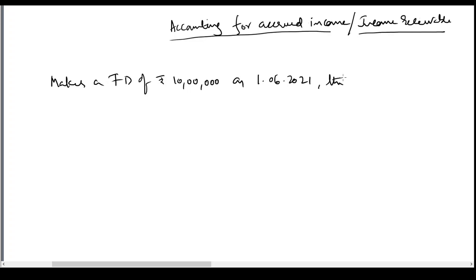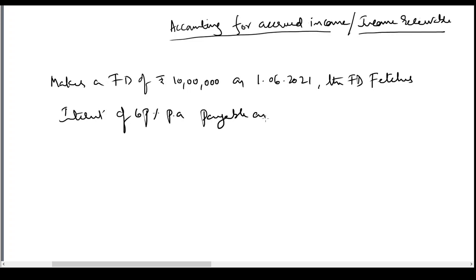The FD will fetch an interest of 6% per annum payable on maturity. That means the interest will be paid to us on maturity, that is on 1st June 2022.